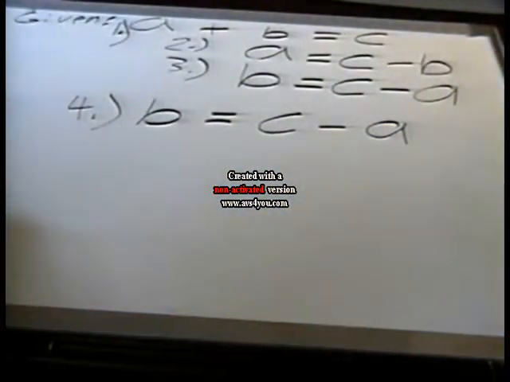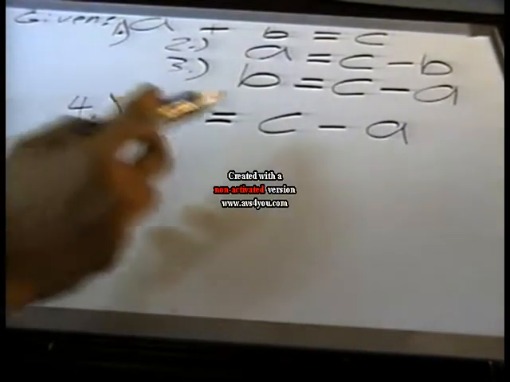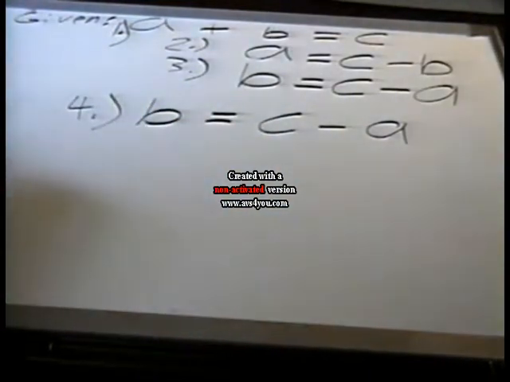You see, here on the left side, B is positive.